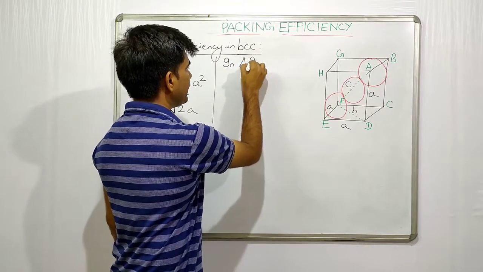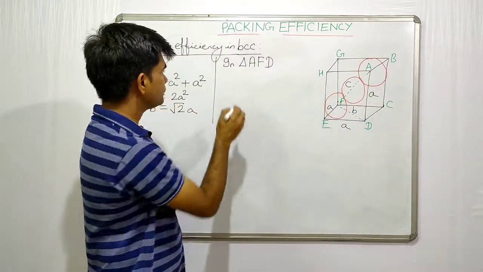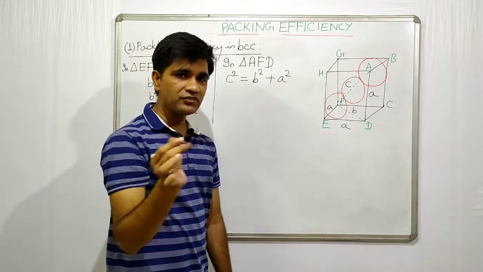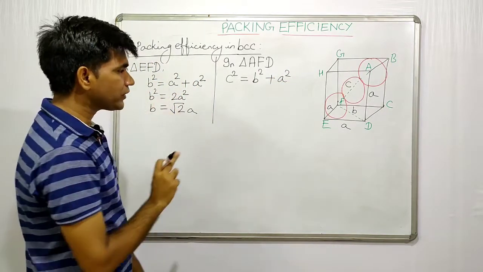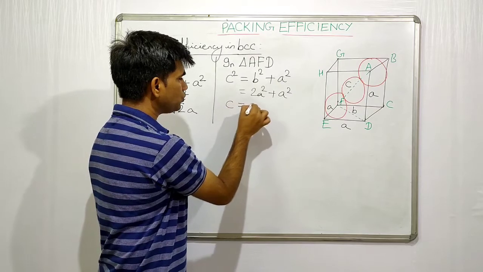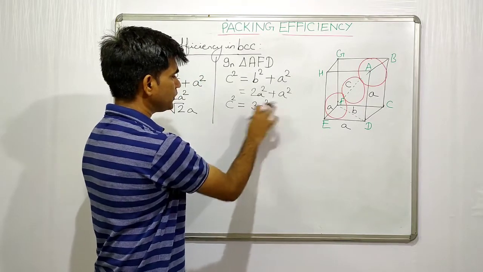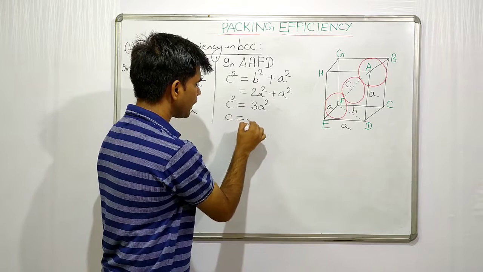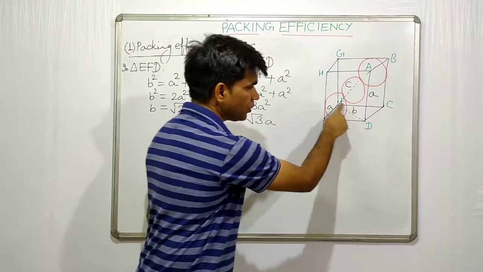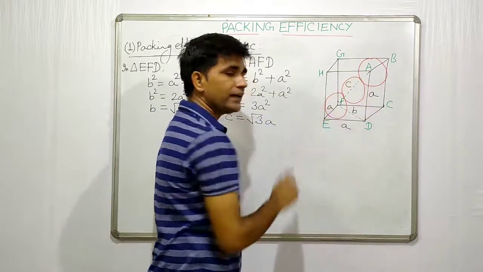In triangle AFD, C square is equal to B square plus A square, and as we have seen earlier that B square is equal to 2A square, so C square is equal to 3A square, or C is equal to root 3 A. Students, here B is equal to this face diagonal and C is equal to this body diagonal.